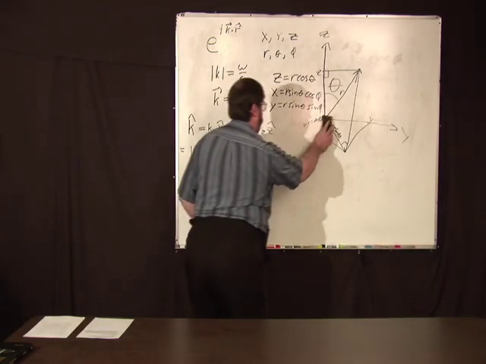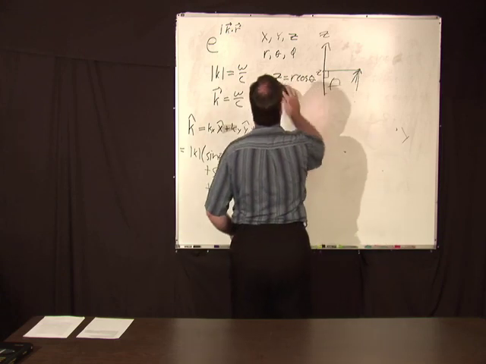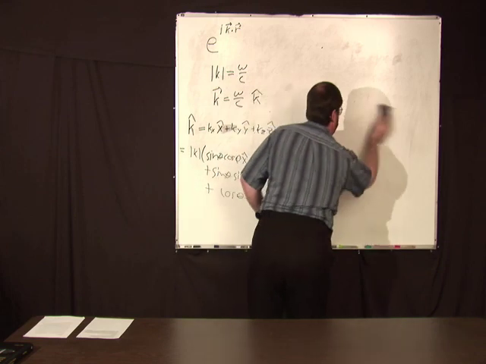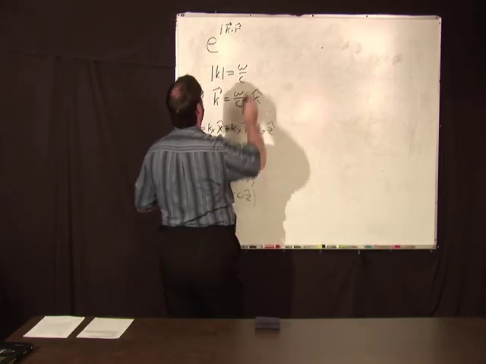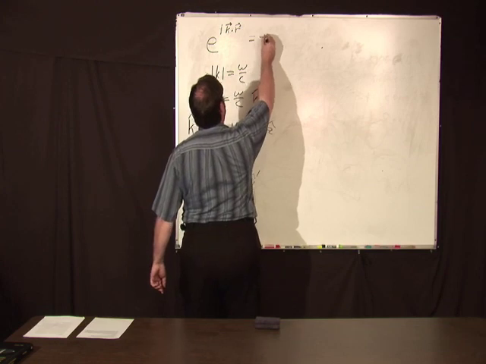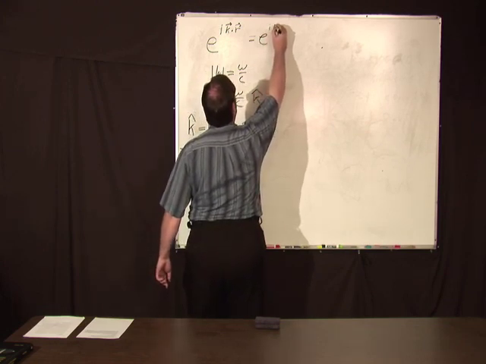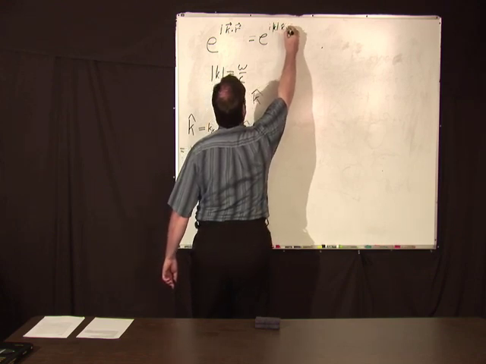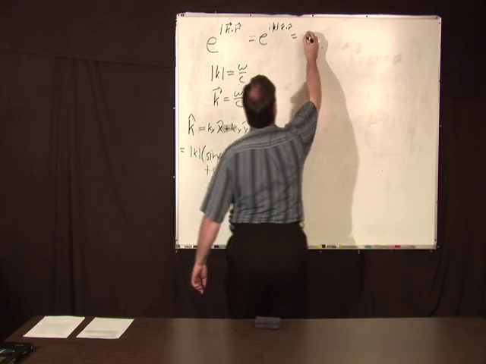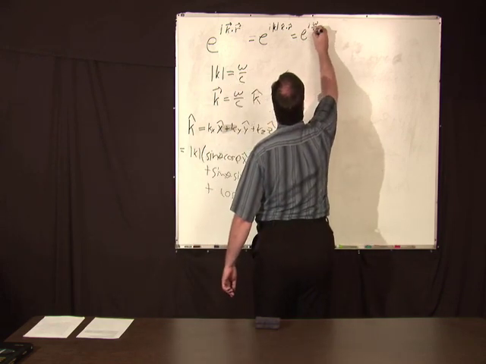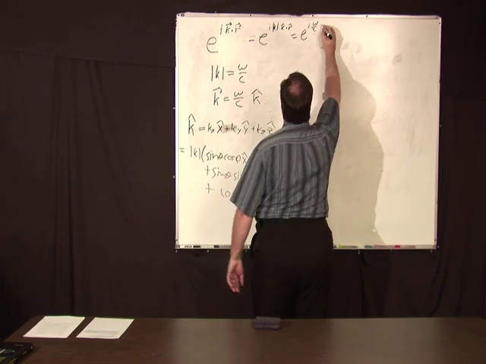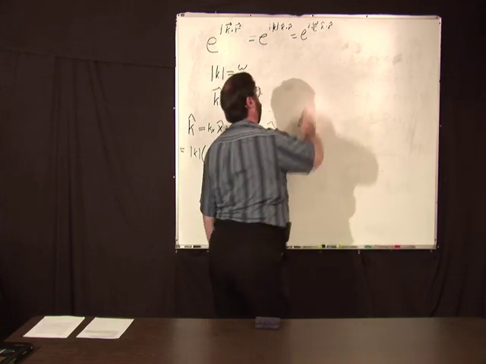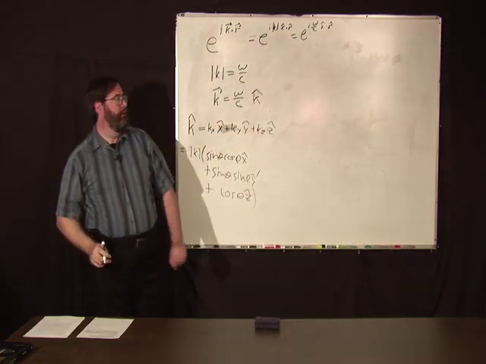The general plane wave then also is equal to e to the i, magnitude of k times k hat dot r, which in this case we know is e to the i omega over c, or 2 pi over lambda, or whatever expression you want to use, k hat dot r, where k hat now represents the direction the wave is going.